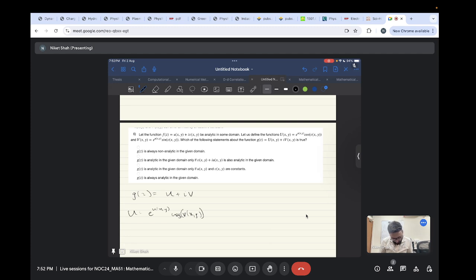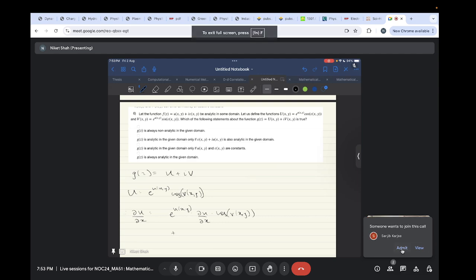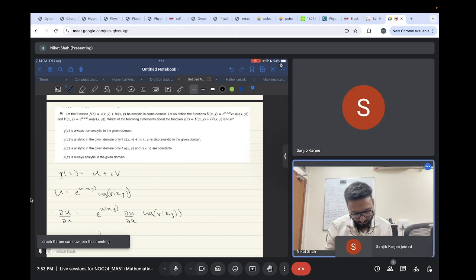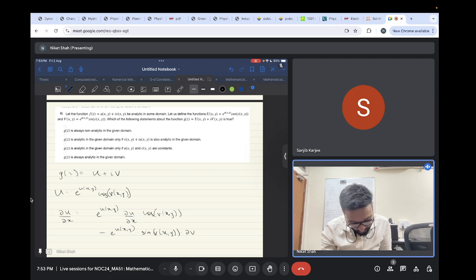Therefore, del capital U by del x is e raised to power u of x comma y into del u by del x into cos of v of x comma y, plus e raised to power u of x comma y into the derivative of cos v, which gives me minus sine of v of x comma y into del v by del x.